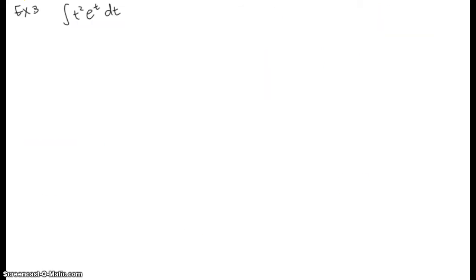Next one. Again, u dv is equal to uv minus v du. One of them I have to set equal to u, and one of them I have to set equal to dv. Now, if I set this equal to u, the derivative of this will become 2t.